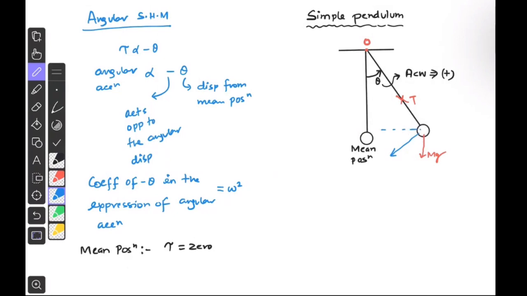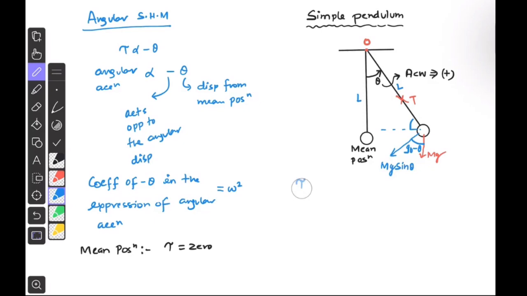The radius vector will be of length same as the length of the string, suppose it is L. So what will be this angle? This will be 90 minus theta. You can check that. So the component of mg perpendicular to the string is mg sin theta.